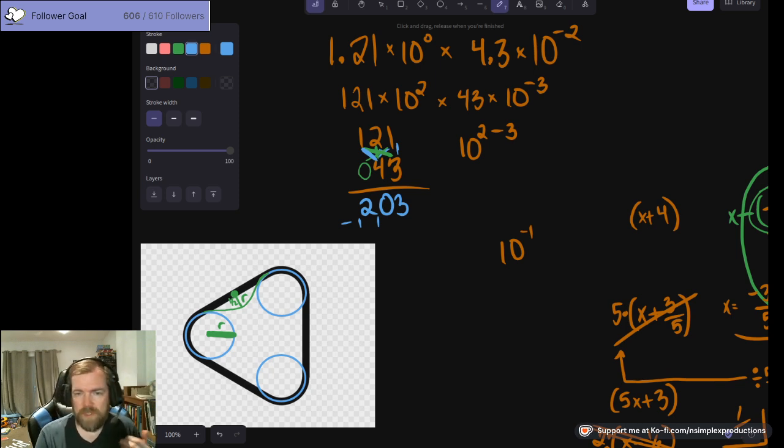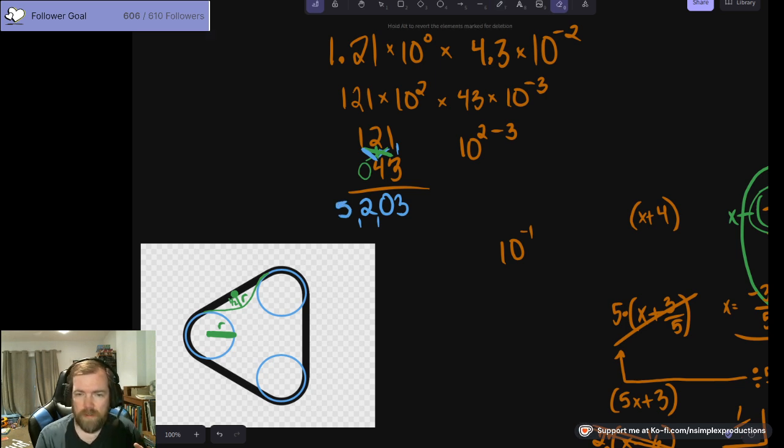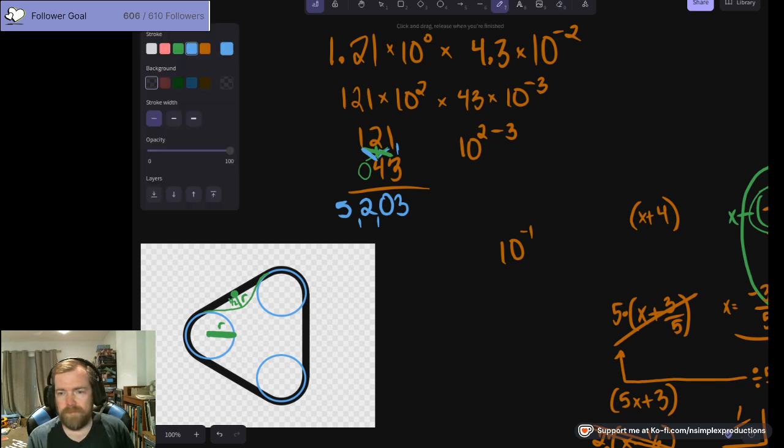So this is just going to be 4 by 1 is 4, plus 1 from earlier is going to be 5. So 5203. 5,203 by 10 to the negative first. So therefore, 520.3 should be the answer.